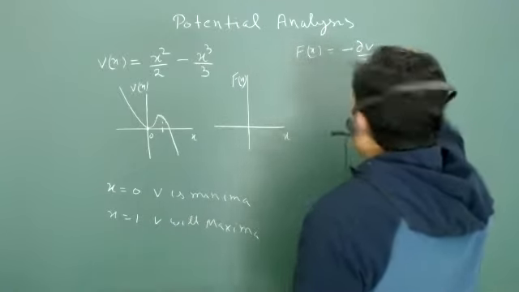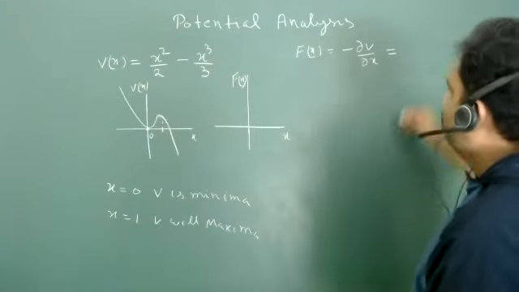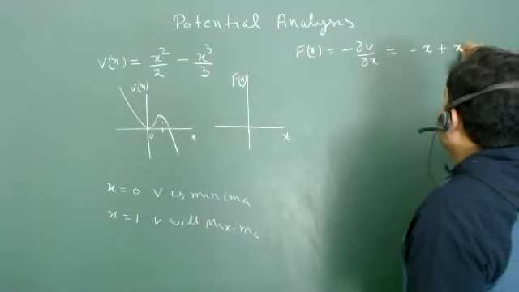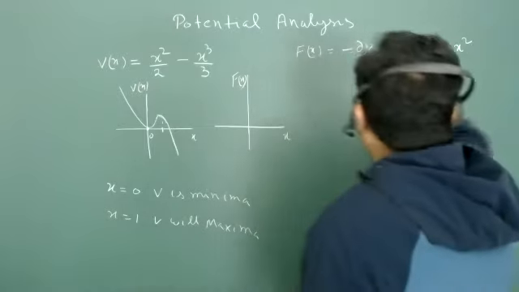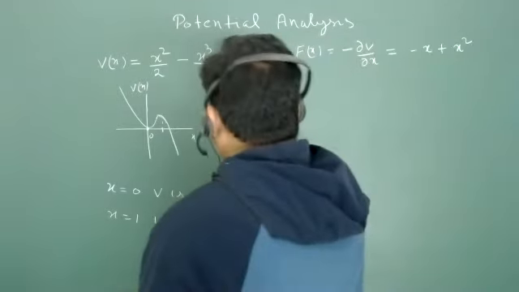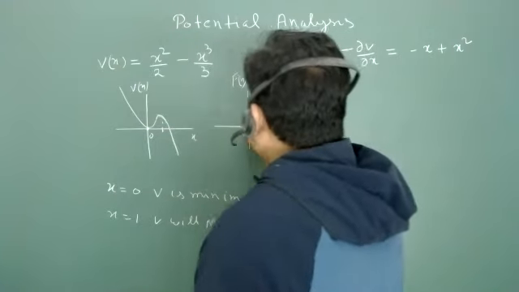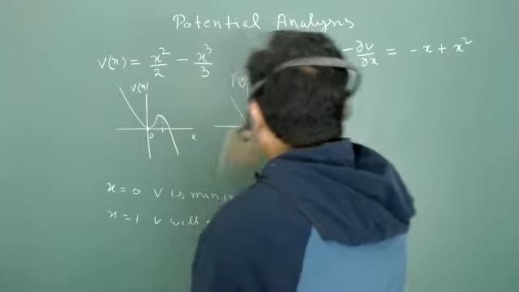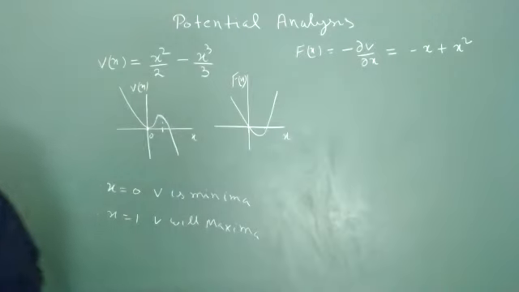If we plot this force, it will be minus x plus x squared, and this force will be 0 at x equal to 0 and x equal to 1, and we have this sort of curve, isn't it? So this is our plot for force.